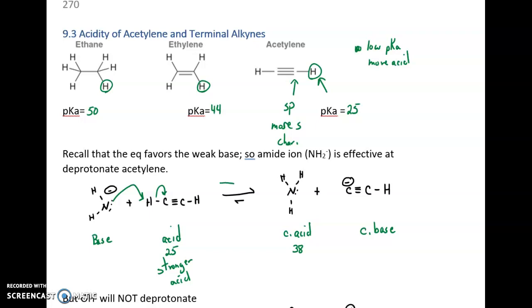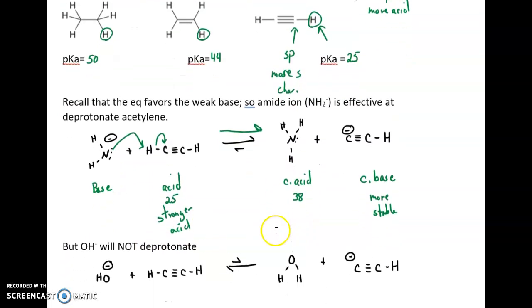So the reaction is highly favorable in this direction. We can also look at the bases and see that this is the more stable base. You can either look at the pKa's or you can compare bases. Both of those systems work.